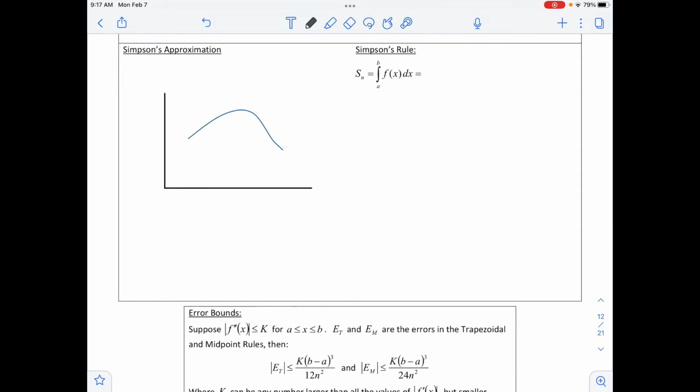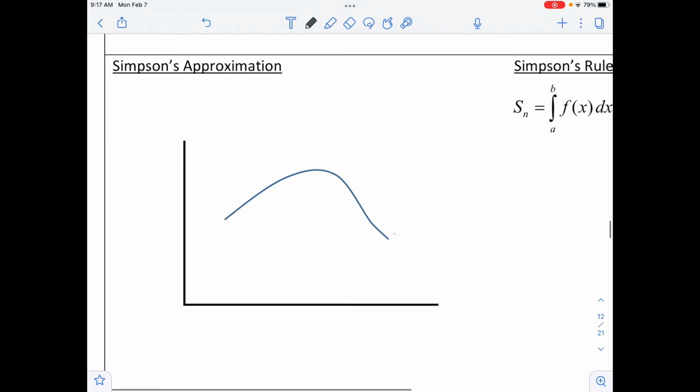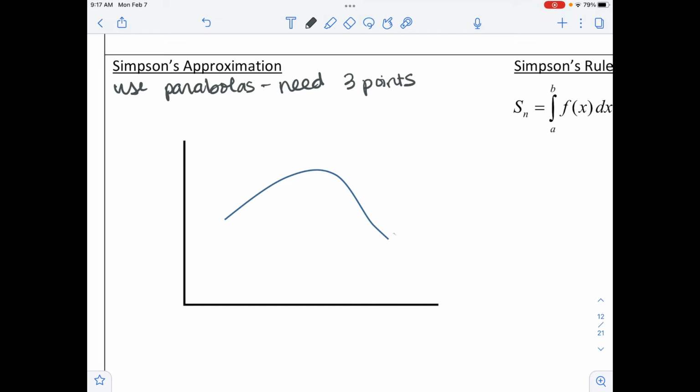And Simpson's is going to use parabolas. So in order to graph a parabola, we need not just 2 points like a linear line, we need 3. So I'm going to go ahead and zoom in here on our graph. So we need 3 points to make a parabola.